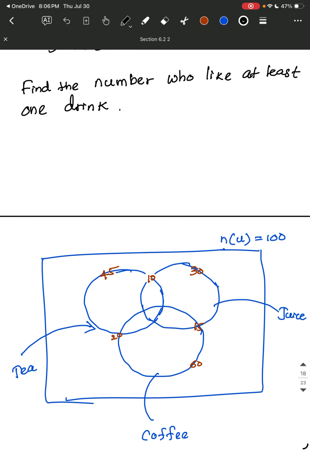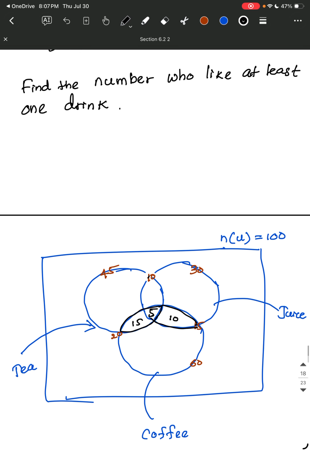Then you can easily see that the entire space here is 20, 5 plus 15. This entire space 15, 5 plus 10. This entire space 10, 5 plus 5. This entire circle equals 45, and 20 here.